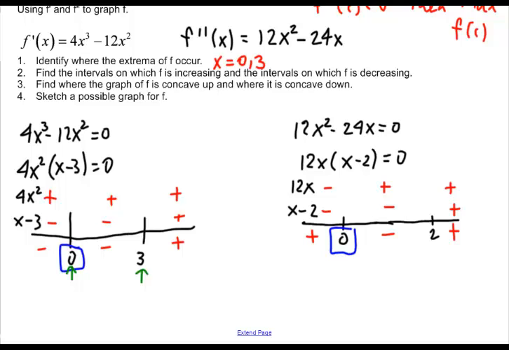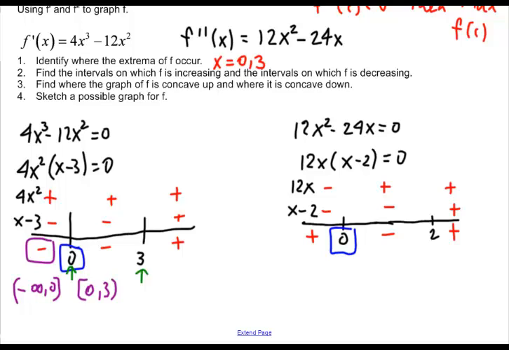Find the intervals where f is increasing and the intervals where f is decreasing. So now I just look at my derivative, and I'm decreasing from negative infinity to 0. I'm also decreasing from 0 to 3.